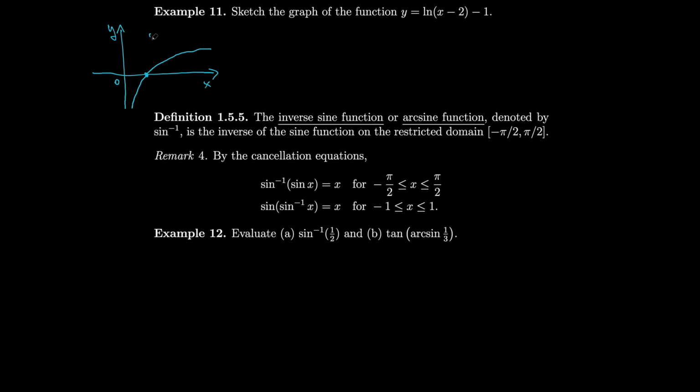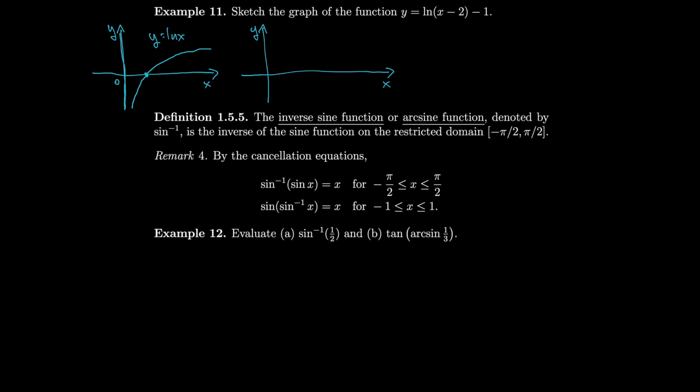So this is our original function, y equals ln x. Let's try to manipulate this in order to get y equals ln of x minus 2 minus 1. So first what we can do is we can move this thing to the right 2 units. That's what x minus 2 gives us. So this line that it can never go past, the y-axis, is also going to move over 2 units.